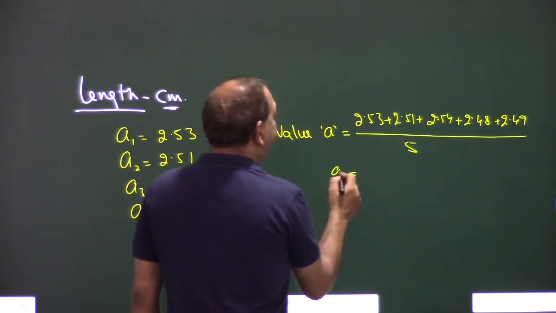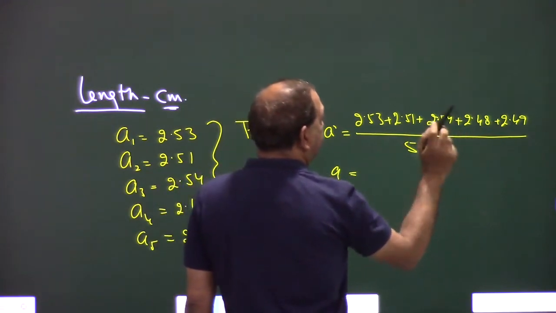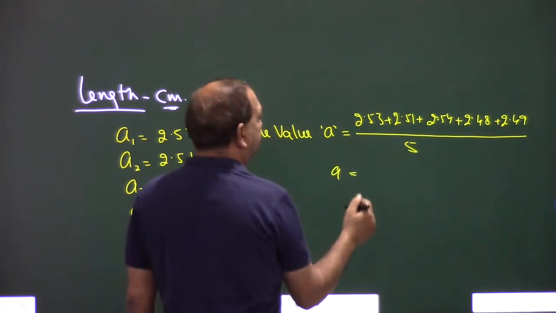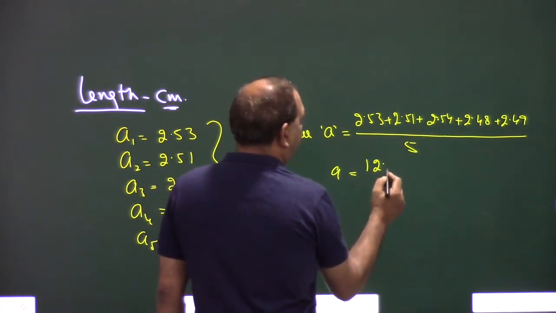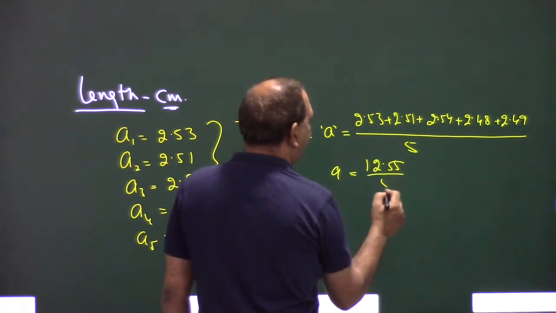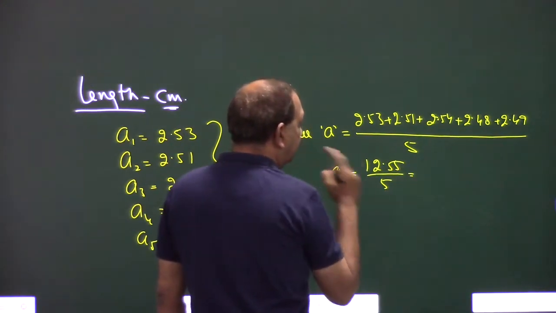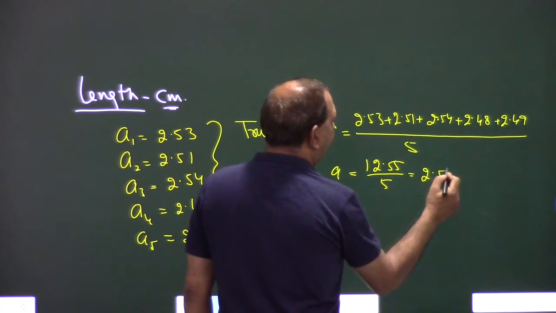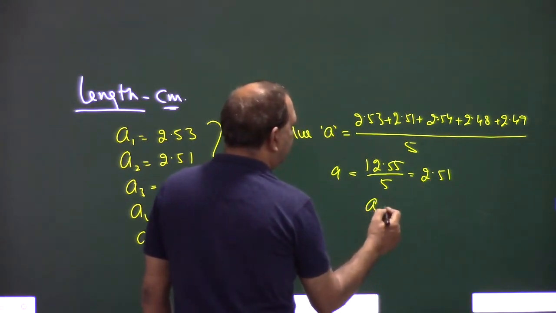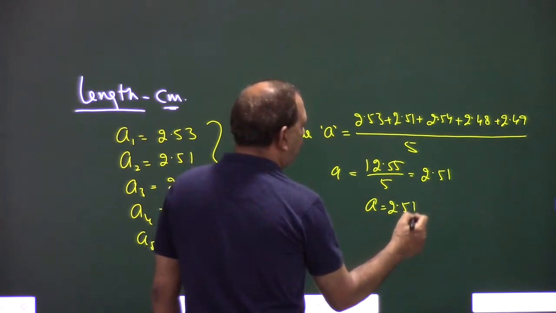If we calculate this, it is 12.55 upon 5, or we can say this is 2.51. So our true value is 2.51.